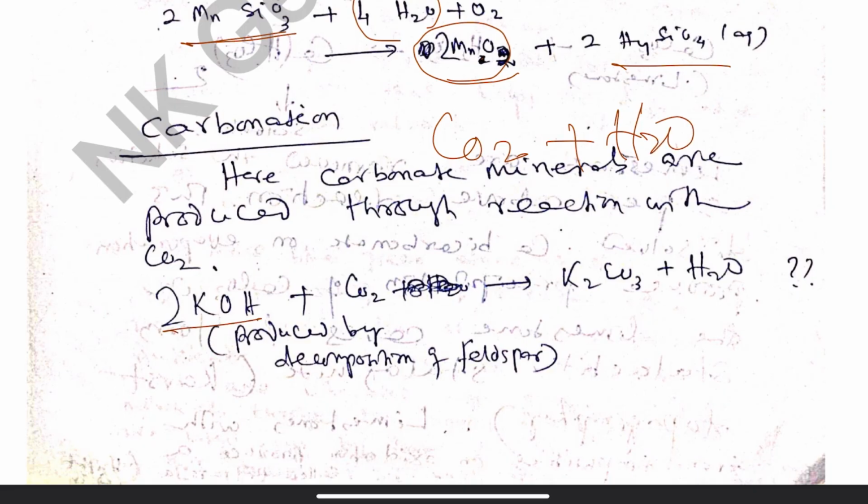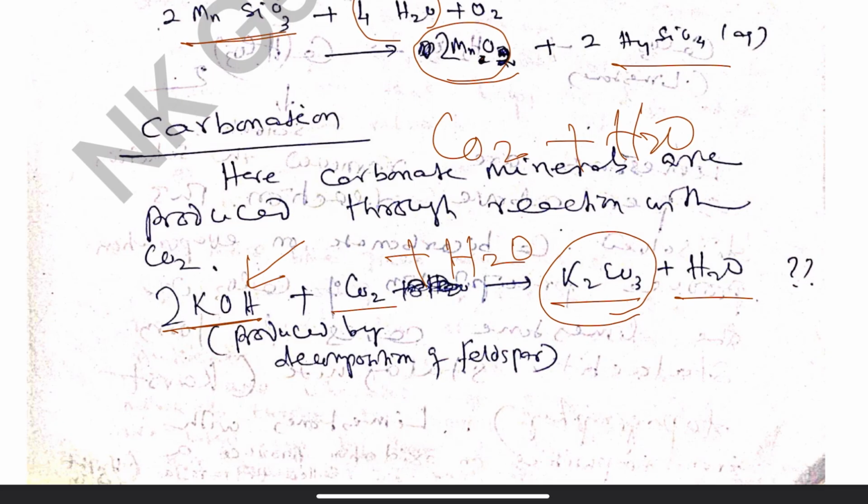So potassium hydroxide, which is produced in the hydrolysis stage of the orthoclase, this KOH reacts with carbon dioxide plus water to produce K2CO3 plus water, or these carbonates are being produced.